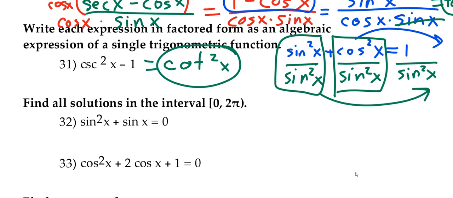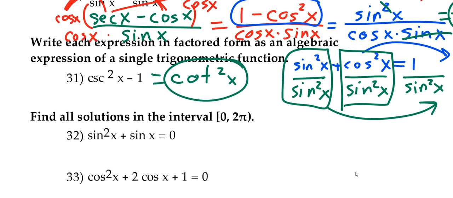This wasn't very involved because they set you up with one of the cousins of the Pythagorean identity and basically said, which cousin is it equal to? So I took my Pythagorean identity over there in the blue, and then I said, okay, how do I get cosecant squared to show up? And you said, well, that's 1 over sine squared. So I took my blue Pythagorean identity and divided everything.